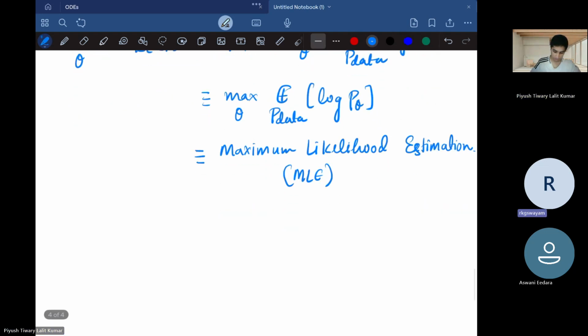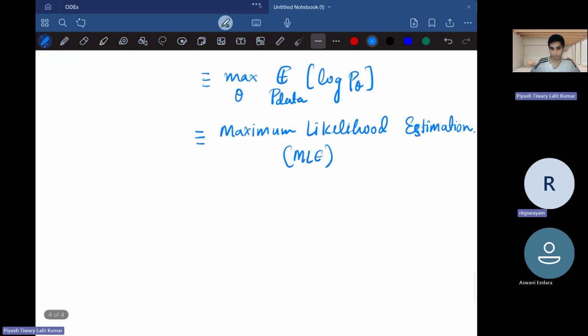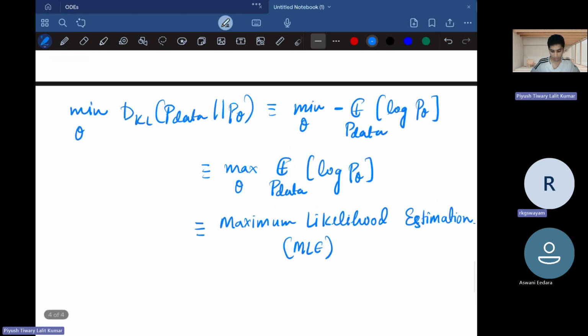Okay. And how is this different from the cross entropy? Actually, both of them are the same. If you think about it, this is nothing but your cross entropy, but it's just a new term that people have given to this thing.